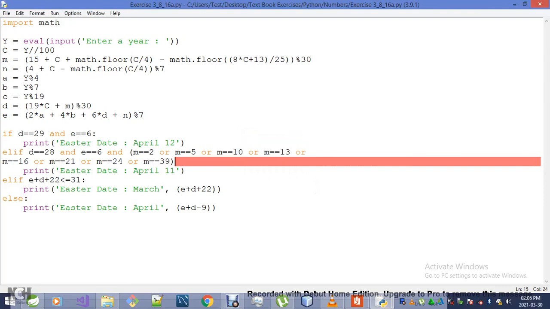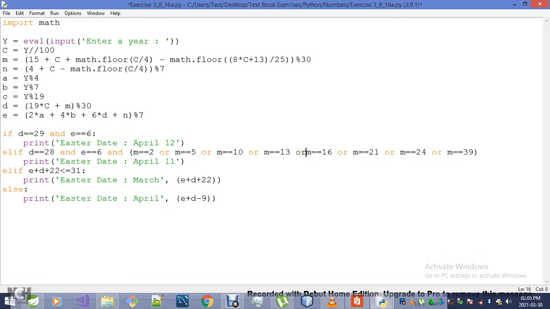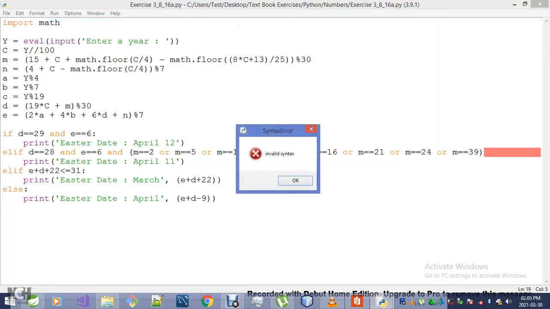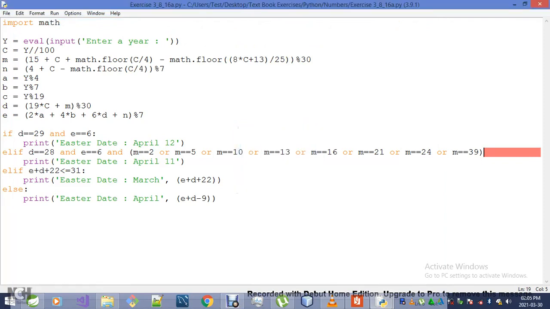M is 13, M is 16, or M is 21, or M. Oh, now I see.